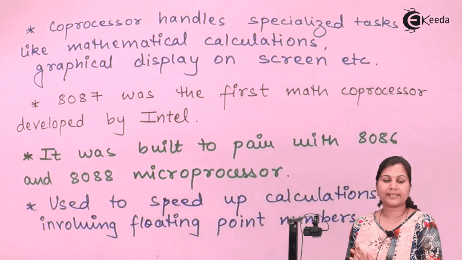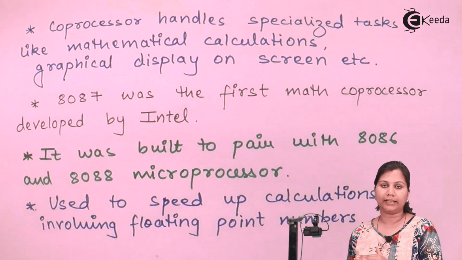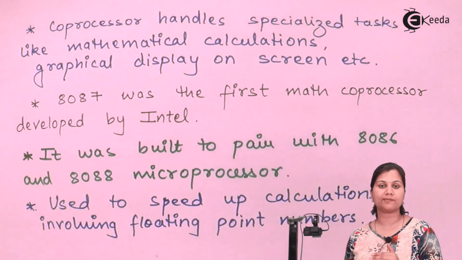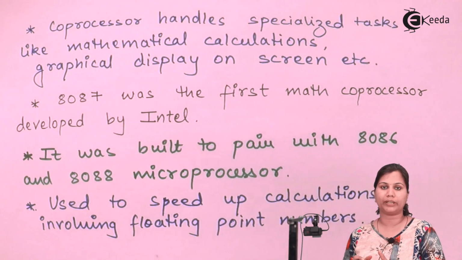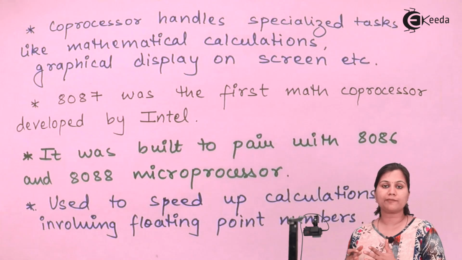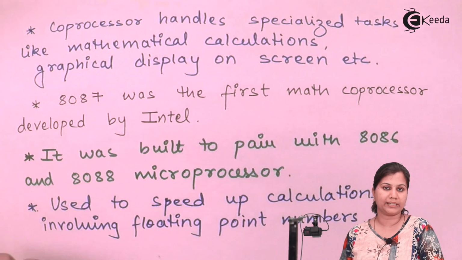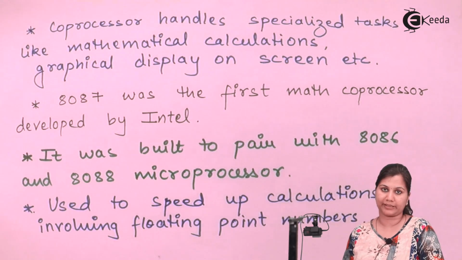It performs all the arithmetic and logical operations and calculations involving floating point numbers, because floating point calculation cannot be done by the 8086 and 8088 microprocessors.